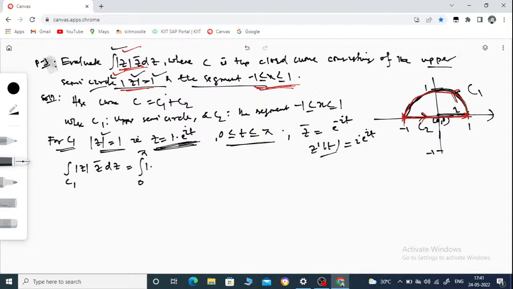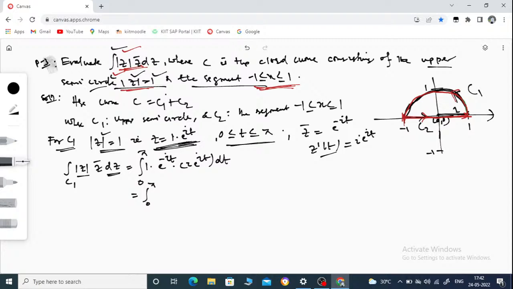If I put this here, in place of mod z I will put 1. In place of z bar, I will put e to the power minus it. Then dz means z dash t dt, so in place of z dash t, I will write i e to the power it dt, and t varies from 0 to pi. So what will be its value?